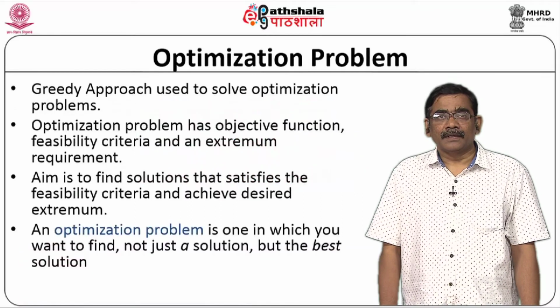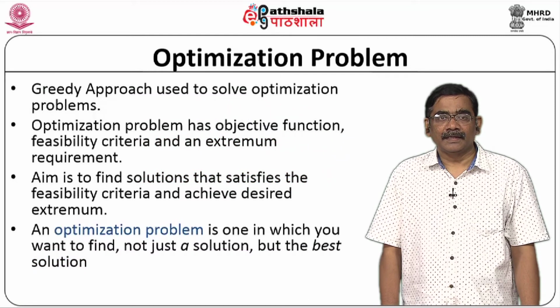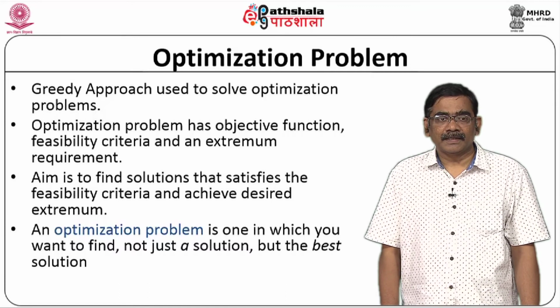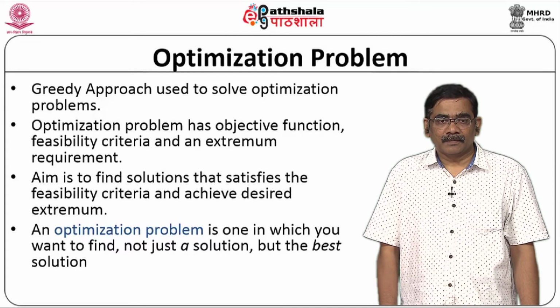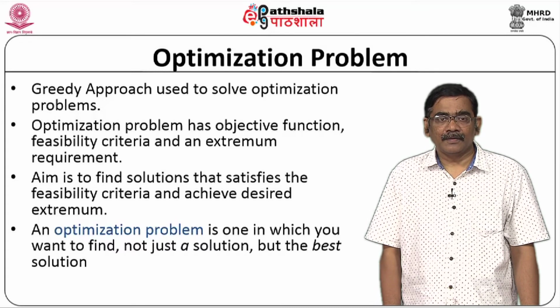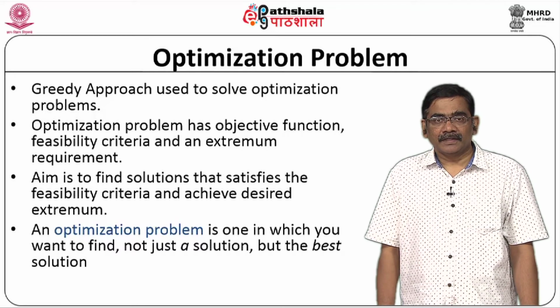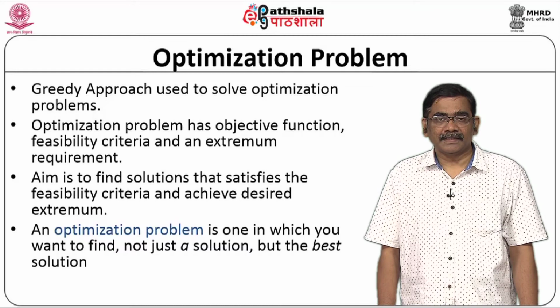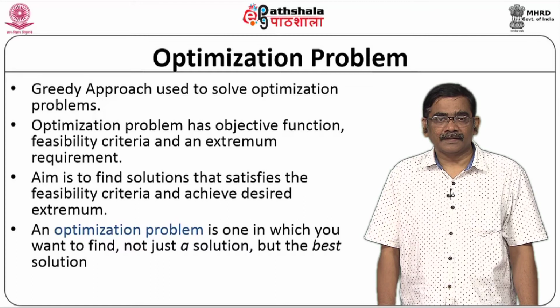So, greedy algorithms are used to solve optimization problems. What is an optimization problem? An optimization problem is a problem that has a certain objective function. The objective function is normally about the maximization or minimization of a certain criterion.